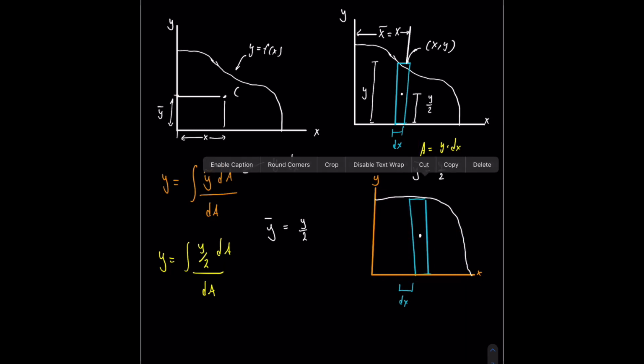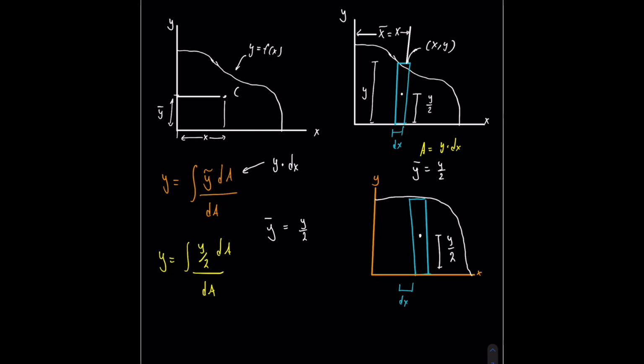However, in the y direction, it has a distance of y over 2 from the centroid. So we use this distance to find the y coordinate of the centroid. So we just move this here. And that's going to give us our y coordinate of the centroid. That's good.